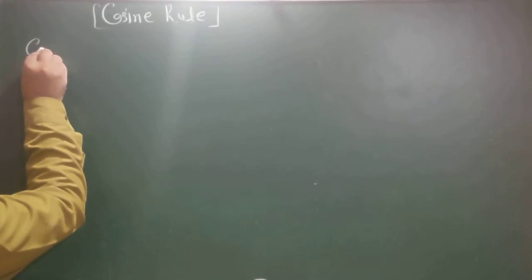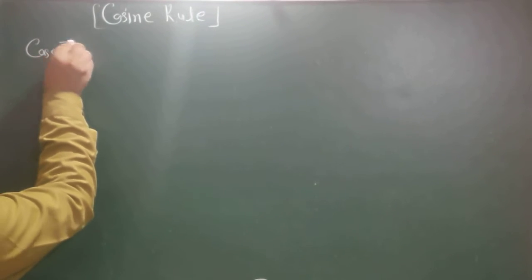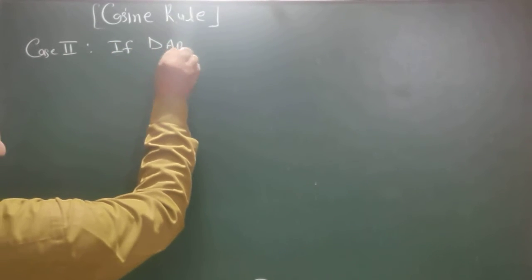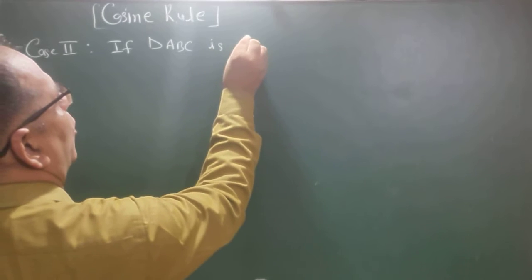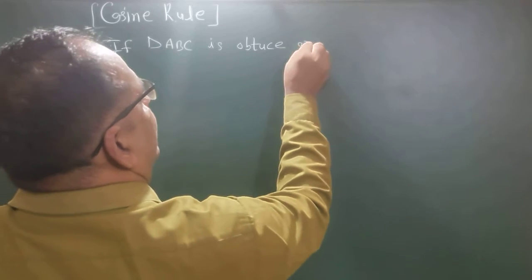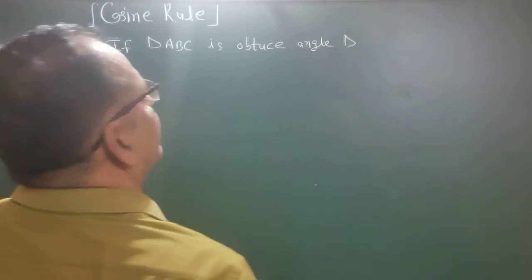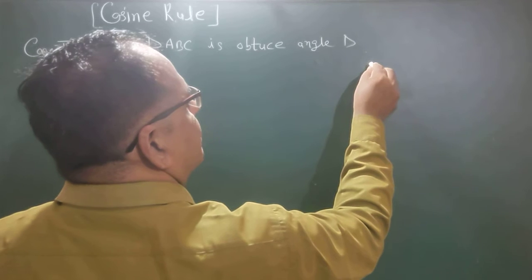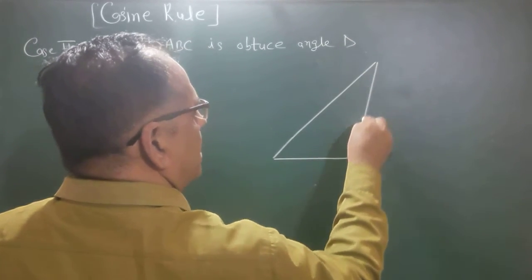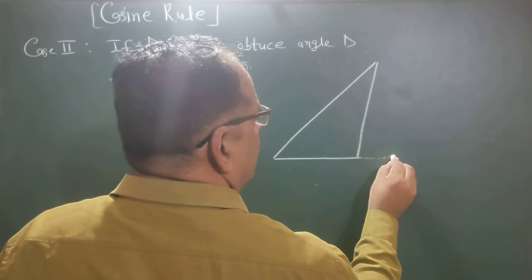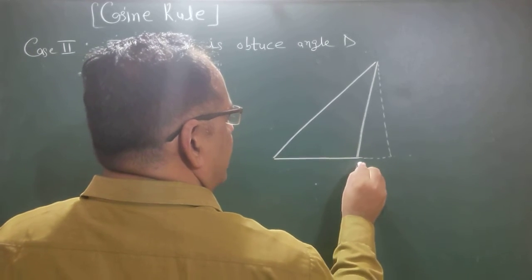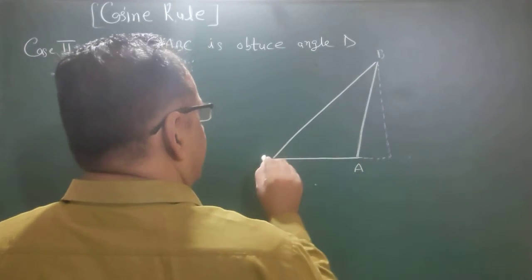So case number 2: if triangle ABC is an obtuse angle triangle, now we take an obtuse angle triangle. This is angle A, this is B, and this is C.